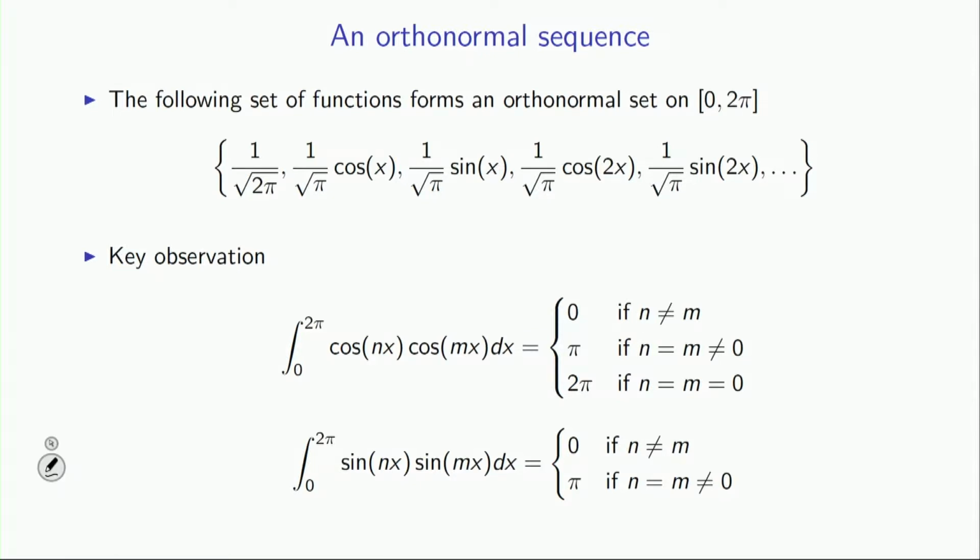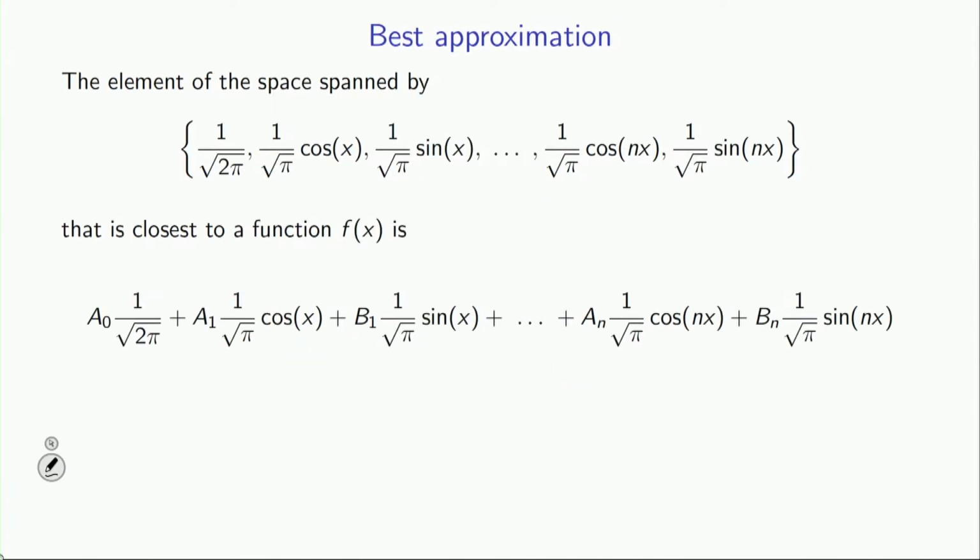Perhaps you should pause the video now and see if you can recall how to perform these integrals from calculus. But if you believe that this is an orthonormal set of functions, then we could look at a subspace that is spanned by finitely many of those.